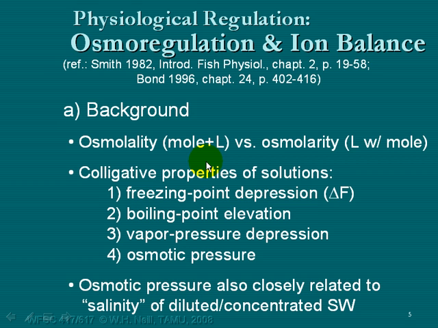If you want to read about this in the text that I point you to, it's chapter 24, Bond's book. But I like the little book by Linwood Smith from University of Washington called Introduction to Fish Physiology back in the 80s. I like his treatment of this topic.